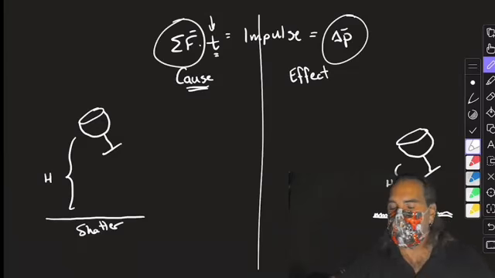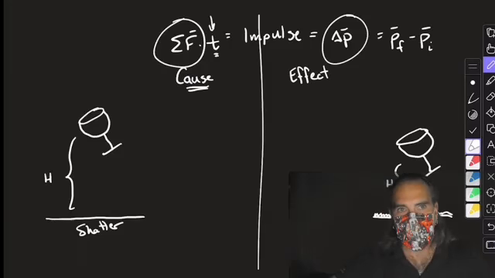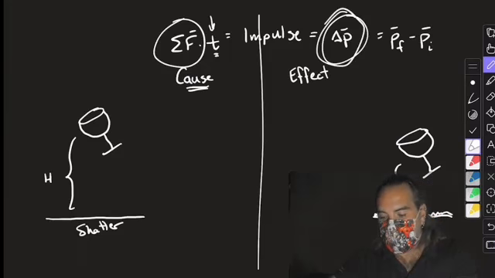It is not in the direction of either of the individual momentums. It's in the direction of the change in momentum. So be very clear that this is a different direction than either of these.